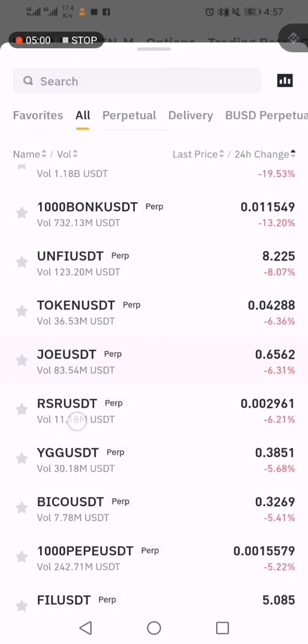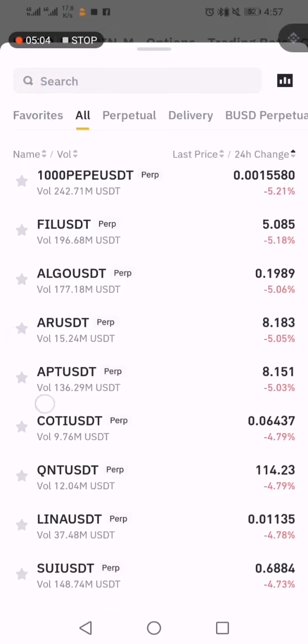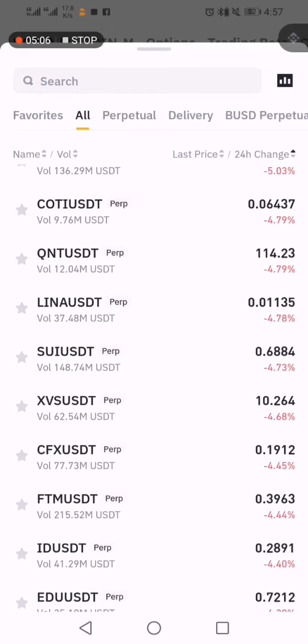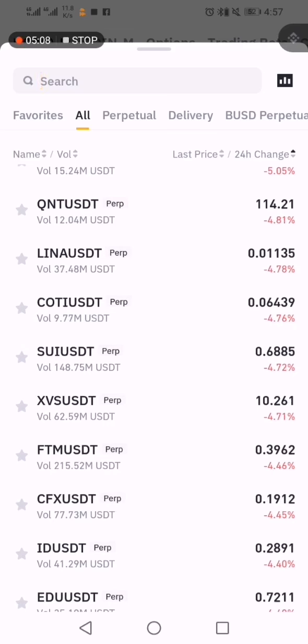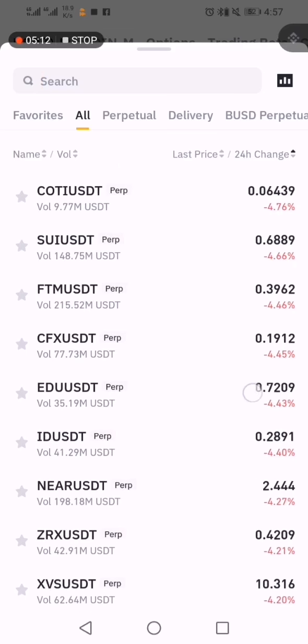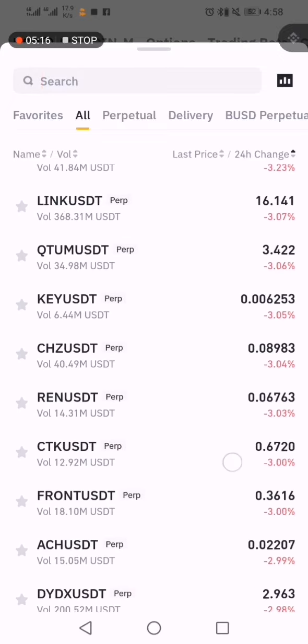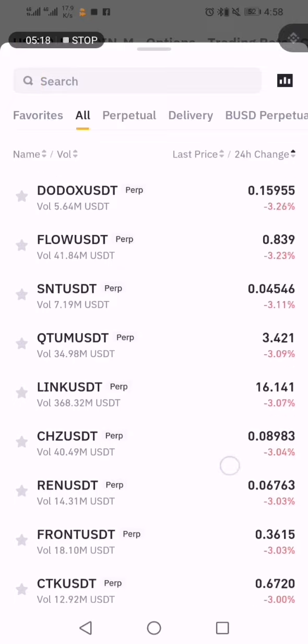I'm still trying to look for BTC. I want to know its position. Though I can check it in the trade, let me compare it with every other asset. So I'm looking for BTC now.